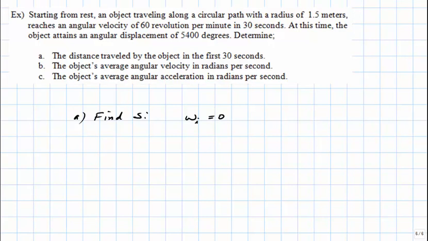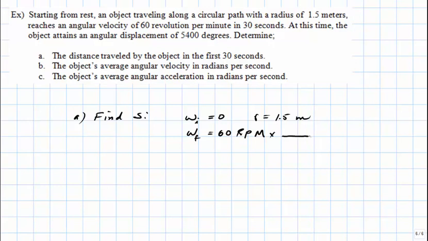The radius of the path is given as 1.5 meters, and also it's noted that the object attains an angular velocity of 60 revolutions per minute in 30 seconds. This is represented by the object's final angular velocity, omega final. So omega final equals 60 revolutions per minute, which could be abbreviated as RPM. Now, as we just noted, RPM is not an appropriate unit, and therefore it must be converted to radians per second.